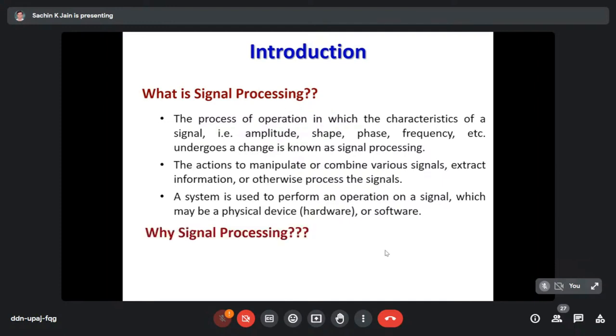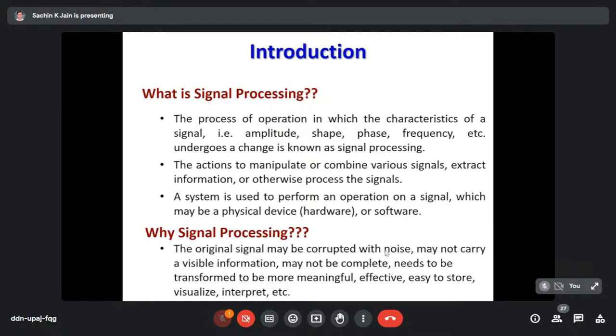Now the question comes, why do we need signal processing? We have a signal, we can have interpretation from it. Why do we need signal processing? Basically, the original signal that we have acquired from the physical device or physical system may be corrupted with noise, may not be complete, may not carry visible information, and there may be intermittency in that data.